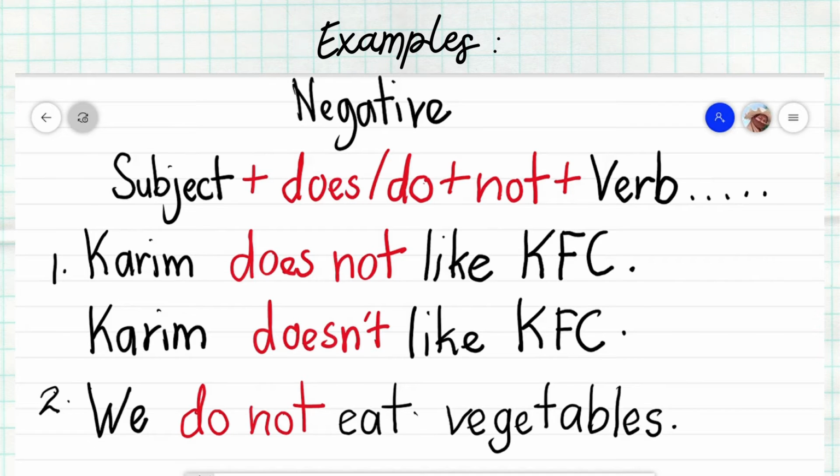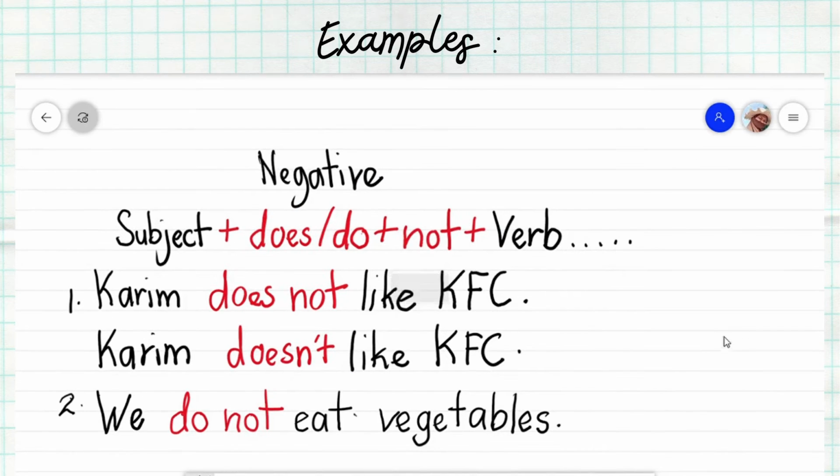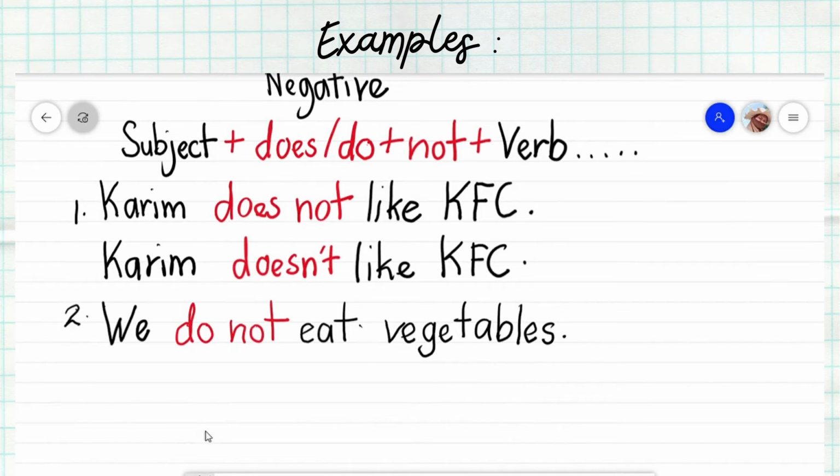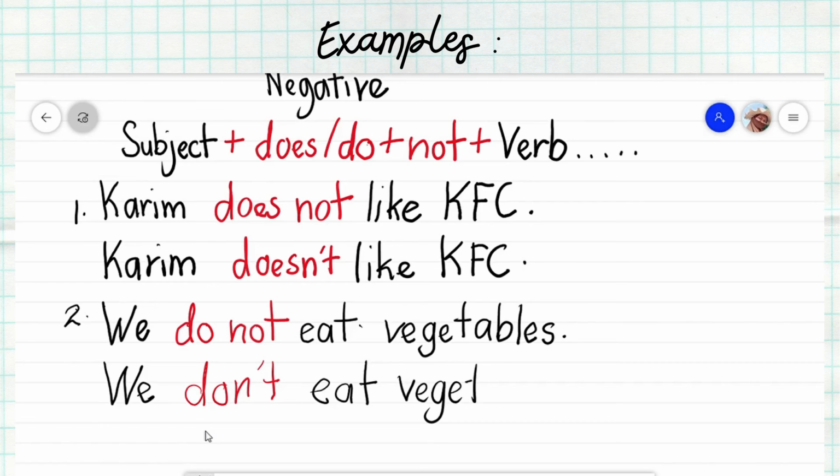Okay, so if you want to contract, nak singkatkan, so boleh guna don't. So we don't, apostrophe T, we don't eat vegetable. We don't eat vegetables. Okay.